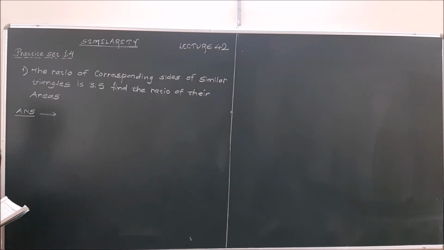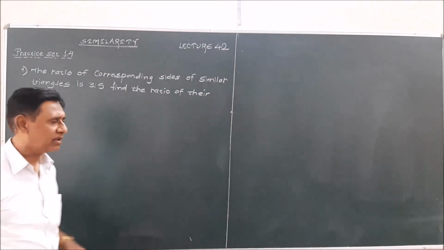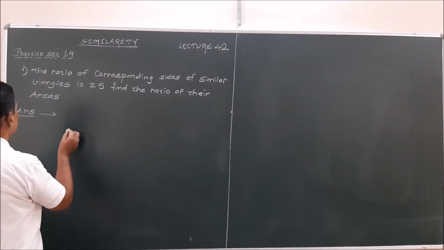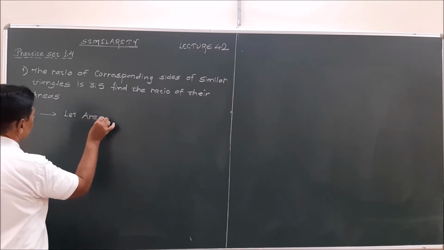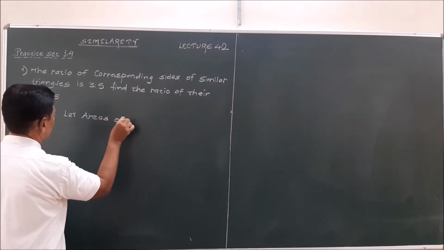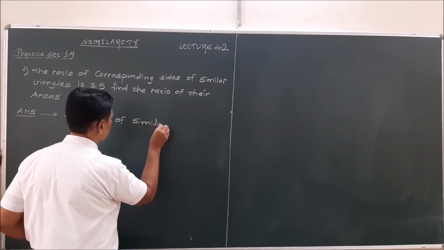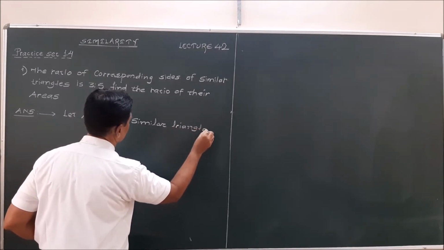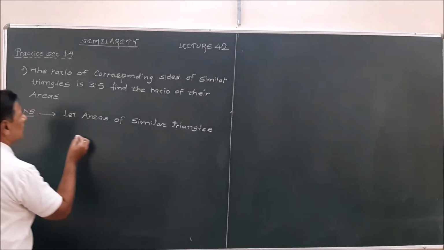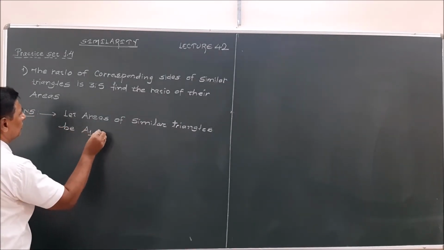Okay, now we will find the ratio of corresponding sides of, again, similar triangles. That is very important. So let the areas of similar triangles be A1 and A2.